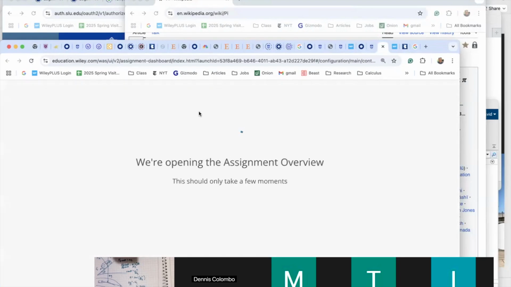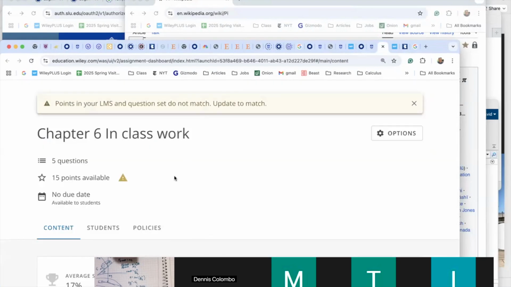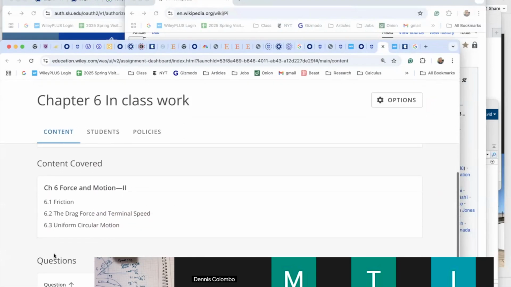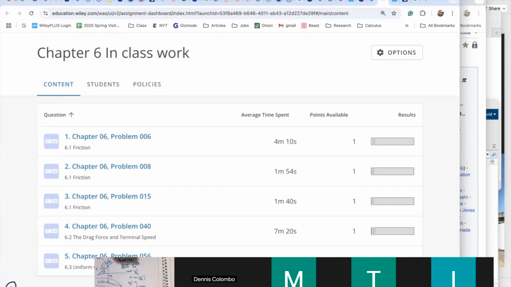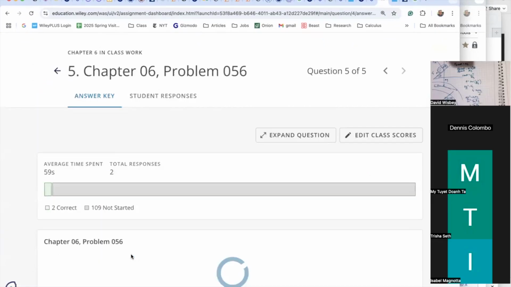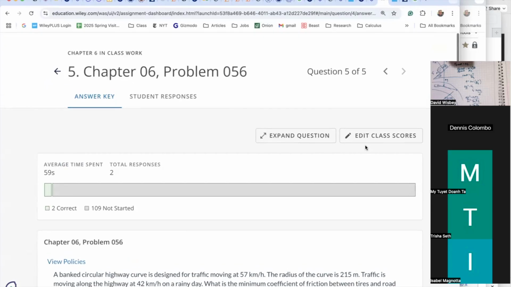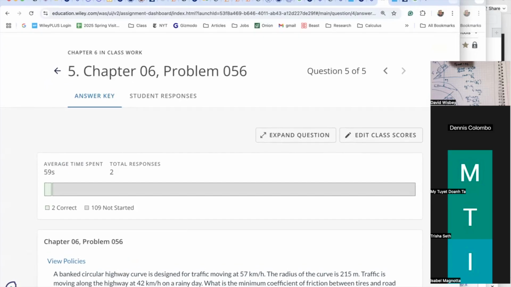Let's take a look at some of them. I want to solve some of these because they're very similar to the homework problems. Let's start by looking at one that's similar to what we're doing now.